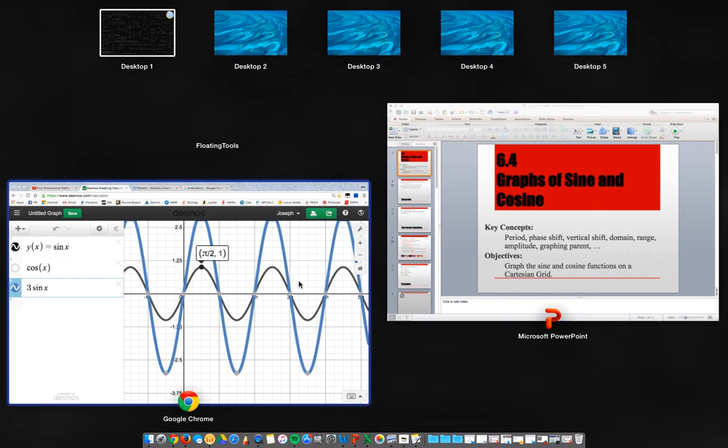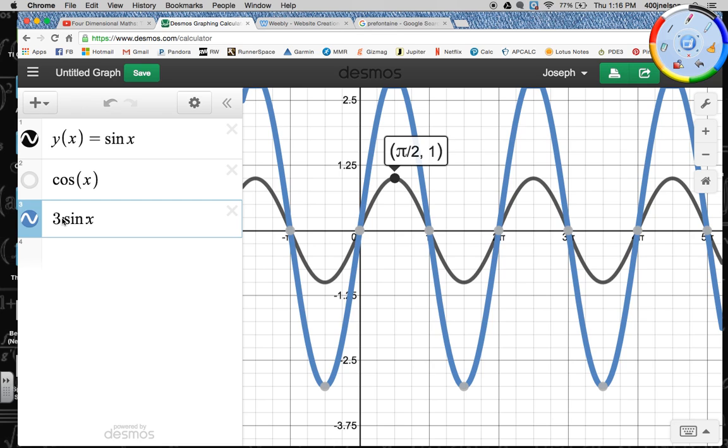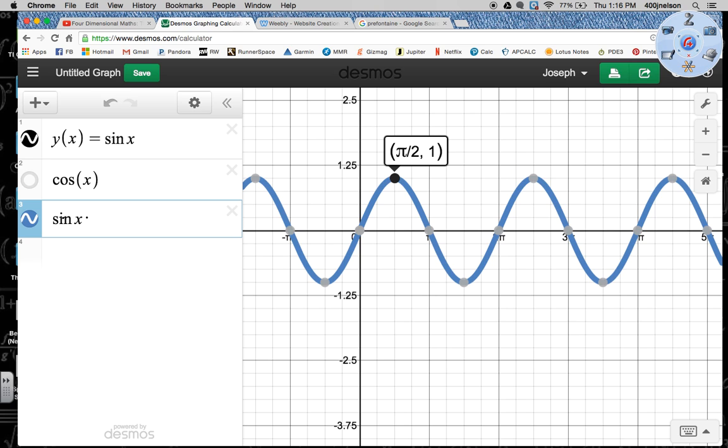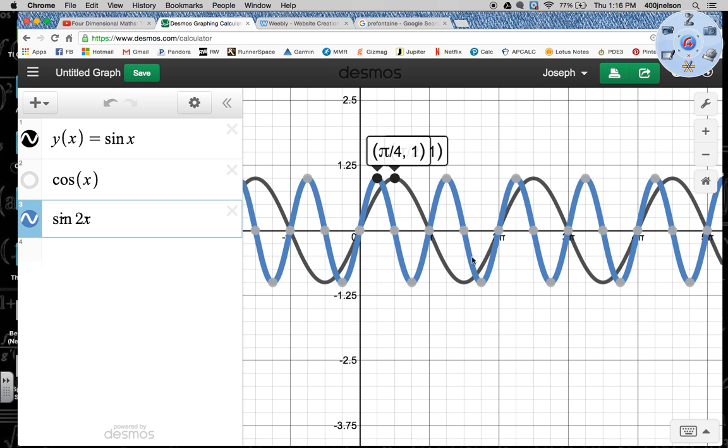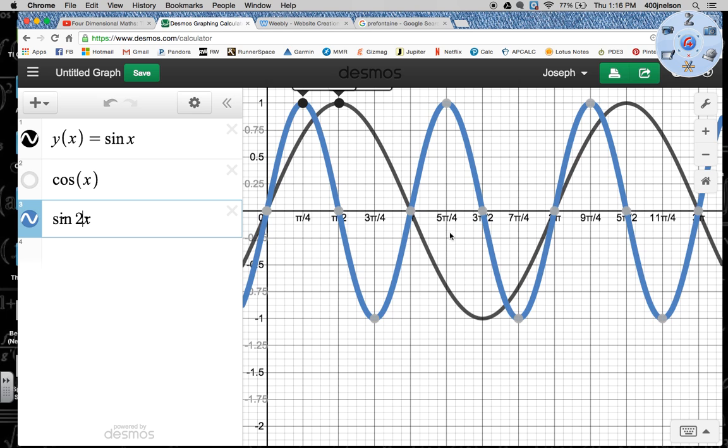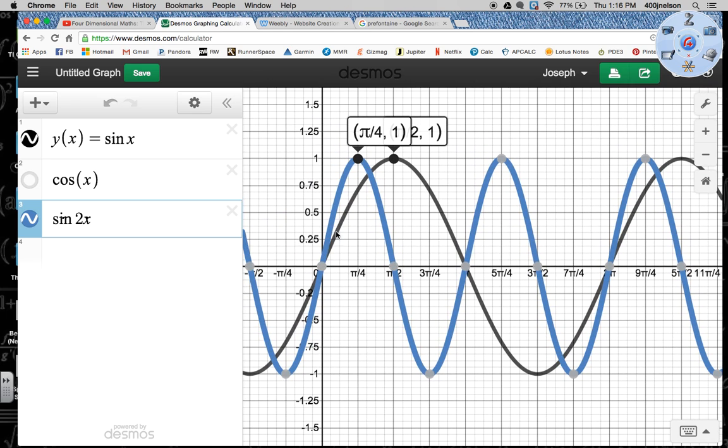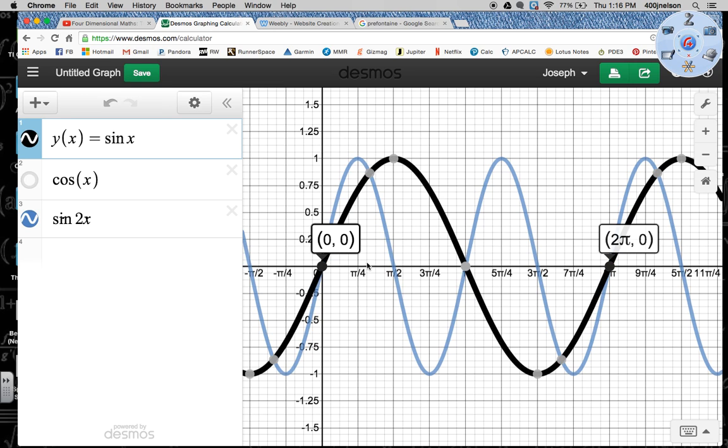And again, we can verify this on this. If I said, hey, instead of 3 sine of x, let's go sine of x. But in this case, let's go 2x. Notice, the black curve here is the sine of x, and it goes from 0 to 2 pi here. And on the blue curve, one full wave goes from 0 to pi. It shrinks horizontally.